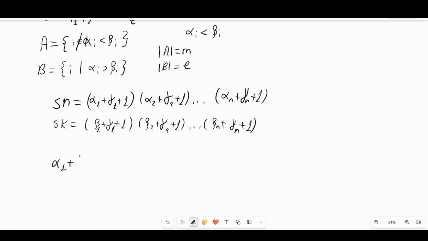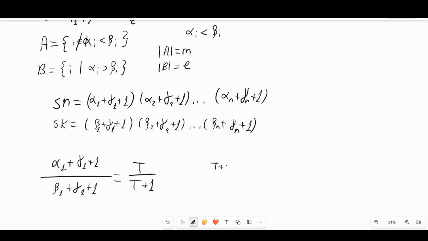If we are given alpha 1 plus gamma 1 plus 1 over beta 1 plus gamma 1 plus 1, is it possible to take this value as something like t over t plus 1? Yes, if t is a big enough number. And now take their cross product. What will we get? We can find gamma 1.